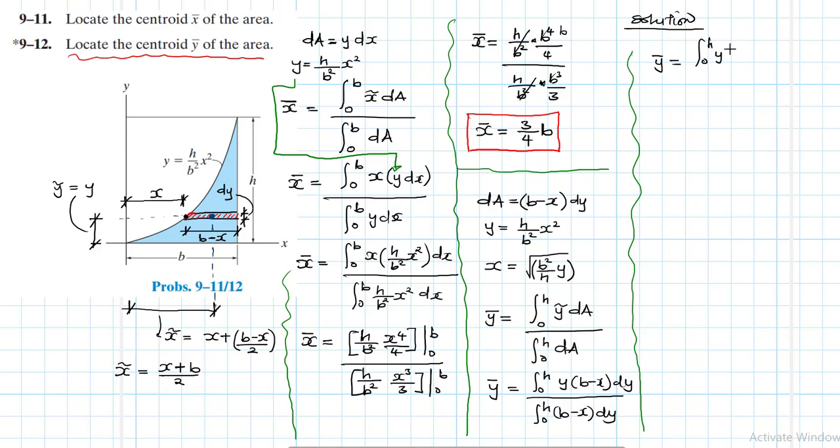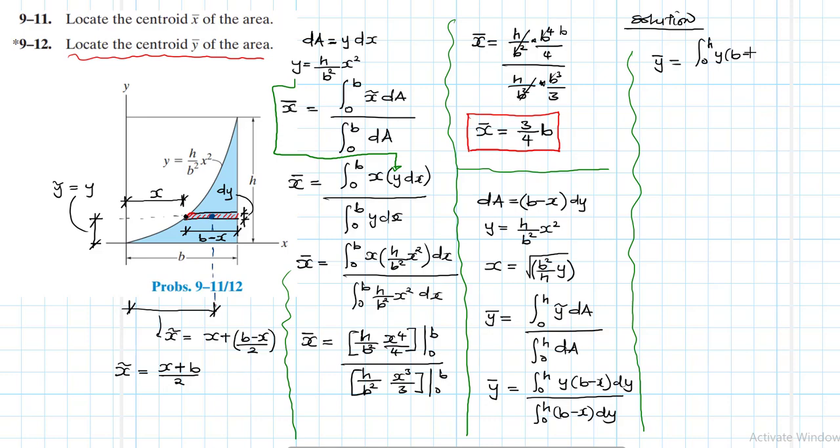There we go. Then we have b minus, we said what is our x? We said our x is equal to the root of b squared over h times y, right?